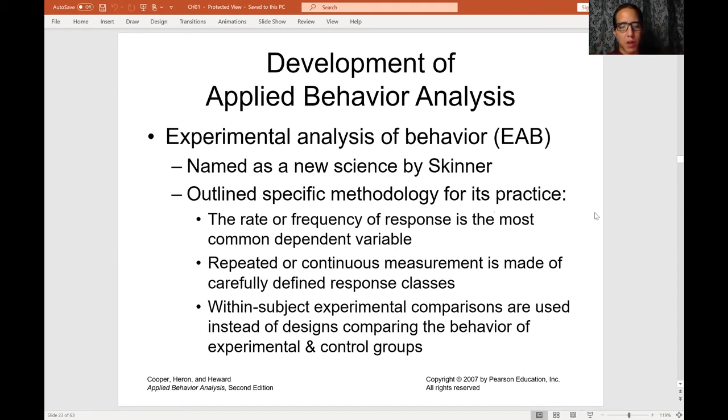And like we said before, it's very important to have repeated or continuous measurement of the carefully defined response classes, the carefully defined dependent variables, right? So we're definitely being as objective as possible. We're repeating and continuously measuring here, using all the attitudes of science, right?